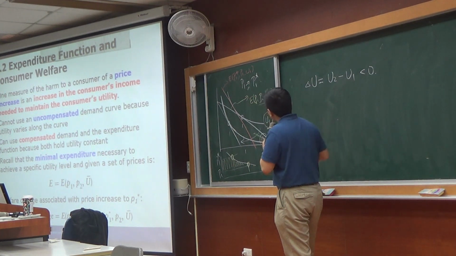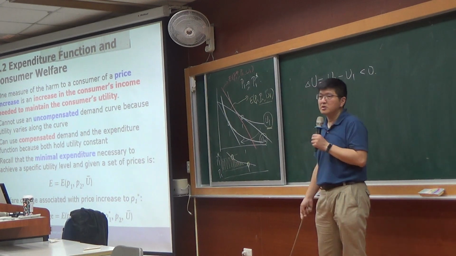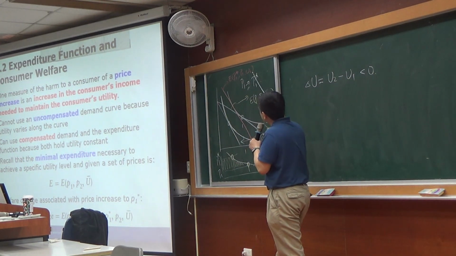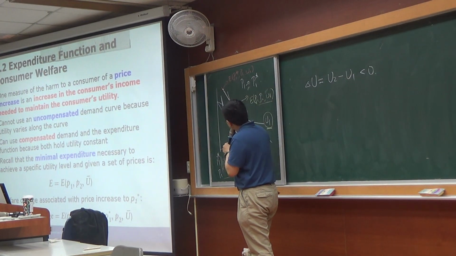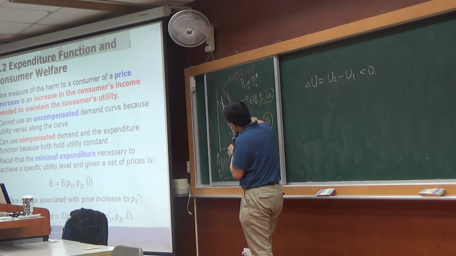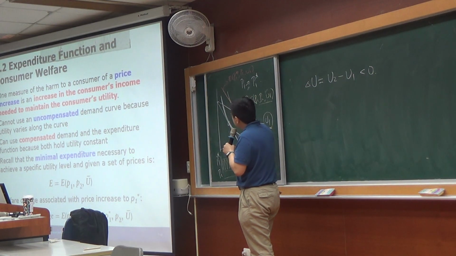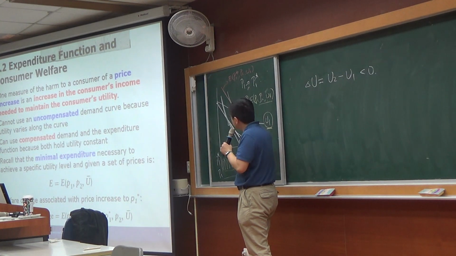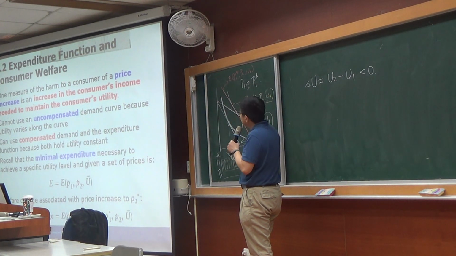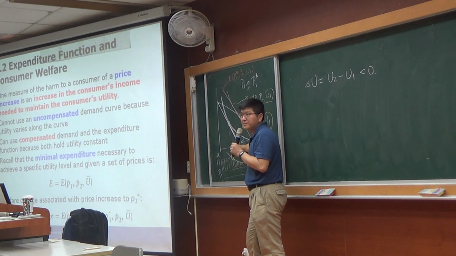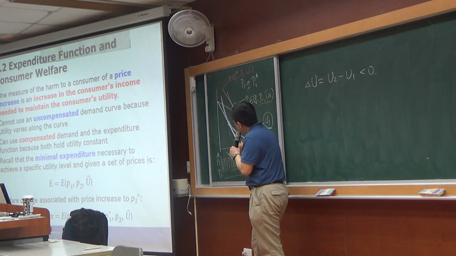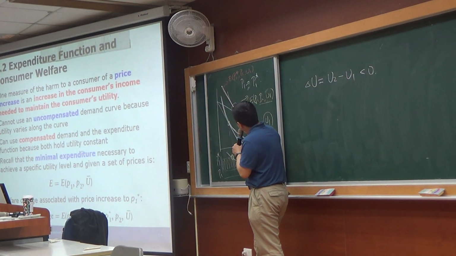And we require you to remain at the same utility level, so you need more money to stay at the same utility level. The income corresponding to this budget line would be the same as corresponding to this, because Y doesn't change. With P2 and Y unchanged, this is caused by the change in P1, so Y is the same.